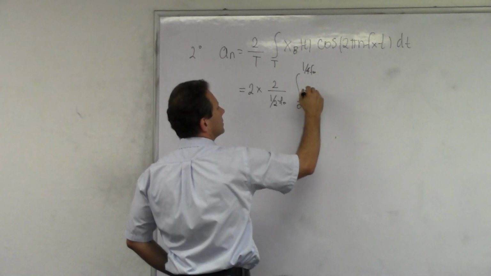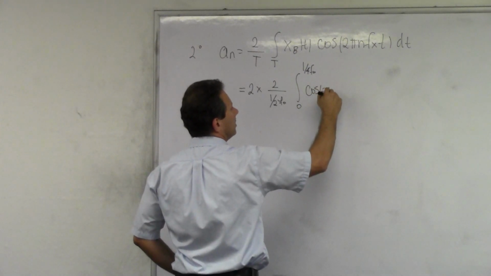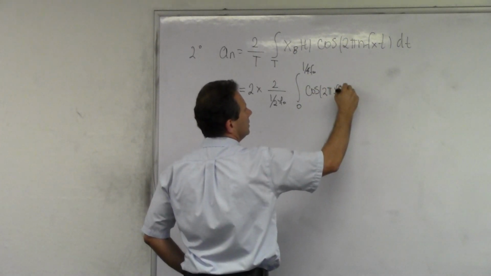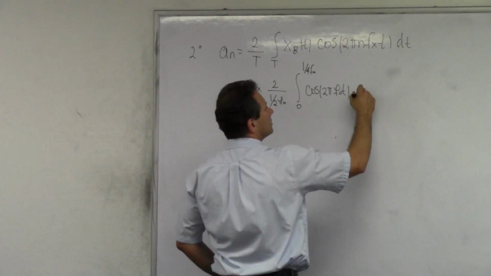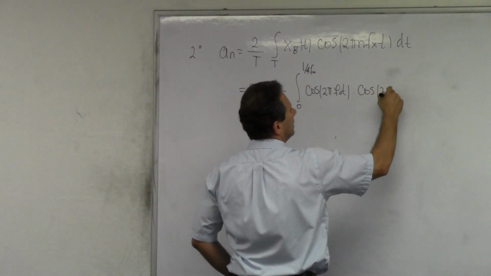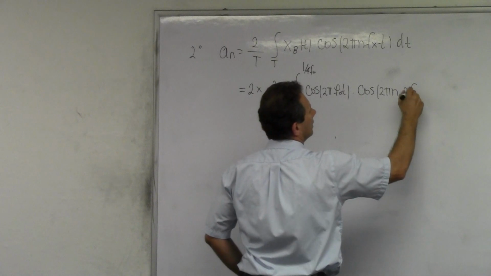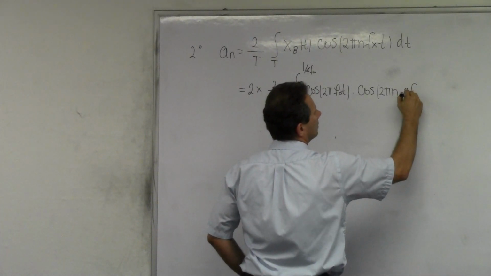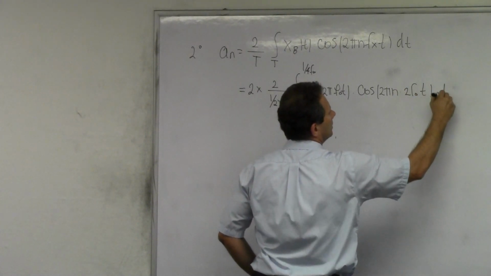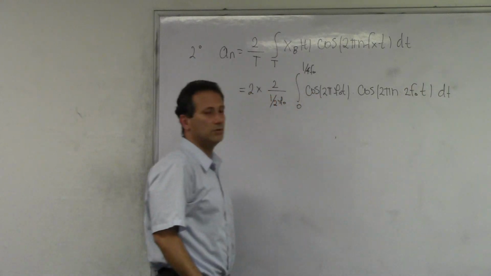The value of the function is cosine 2 pi f0 t, times cosine 2 pi n times 2f0 t dt. Did you follow this?